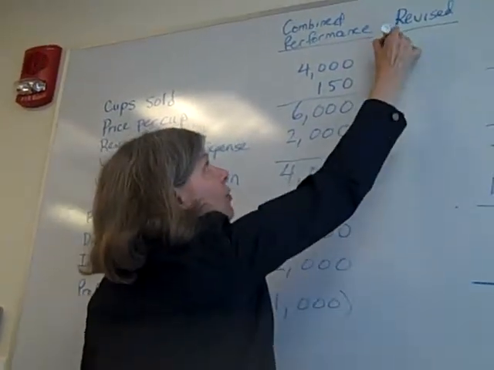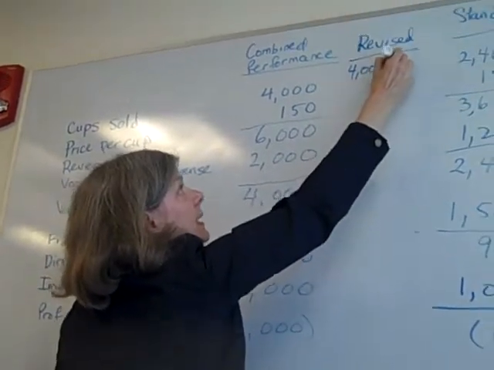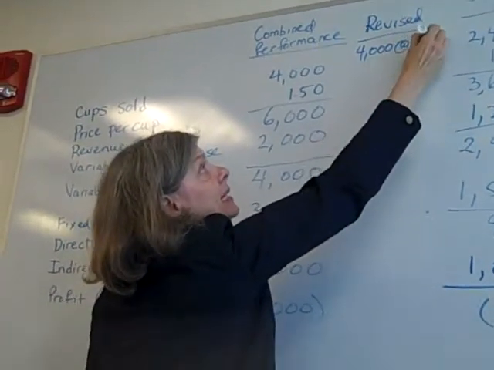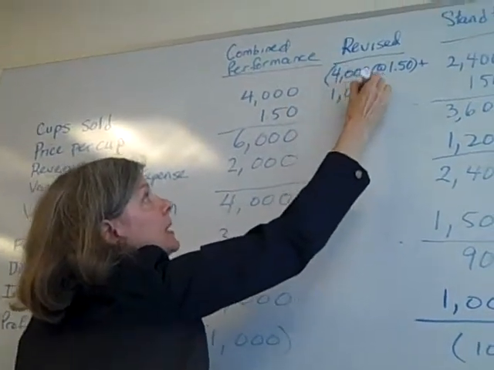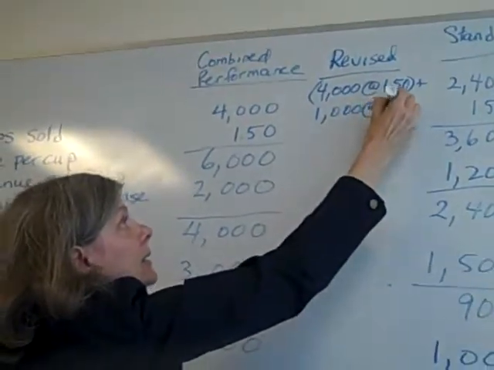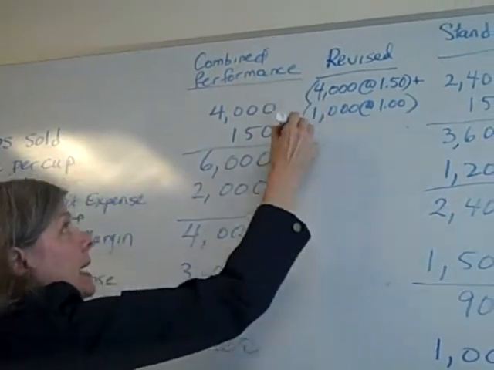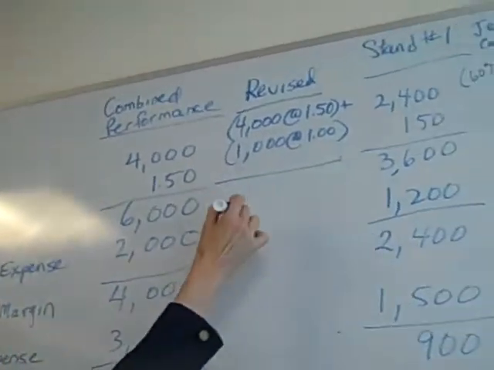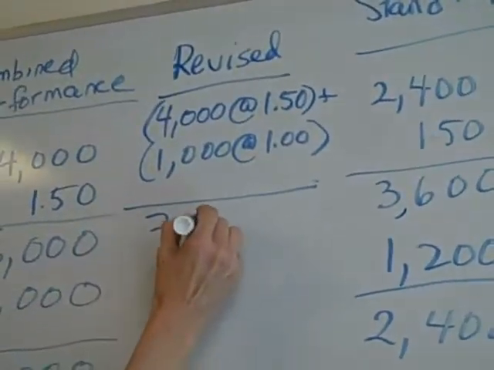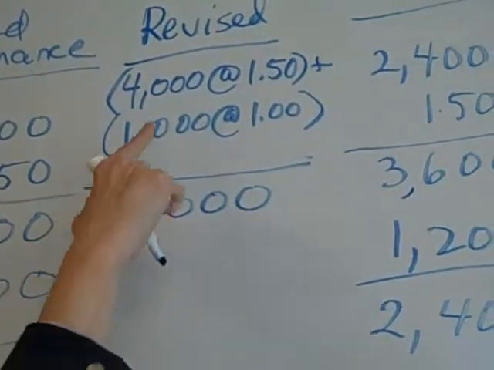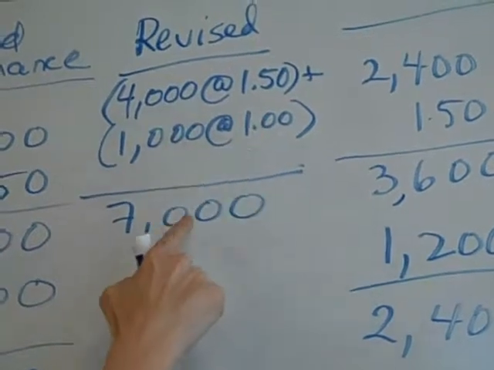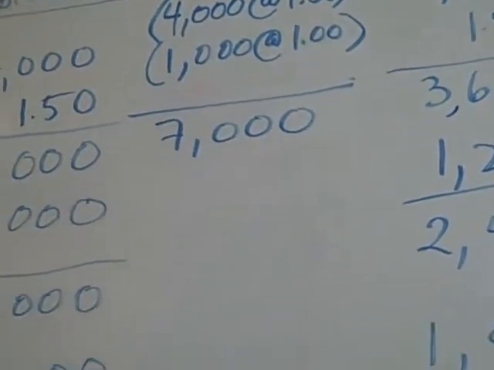So we've got 4,000 cups at $1.50 plus 1,000 cups at $1. So our total revenue now is going to be 7,000 because we had the 6,000 in revenue plus the extra 1,000 cups at $1, so 7,000.